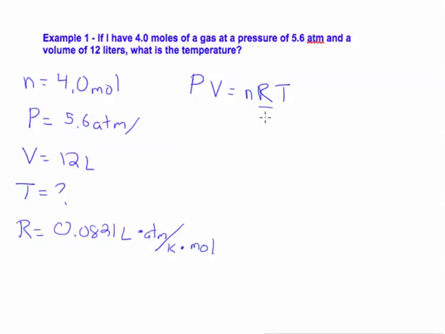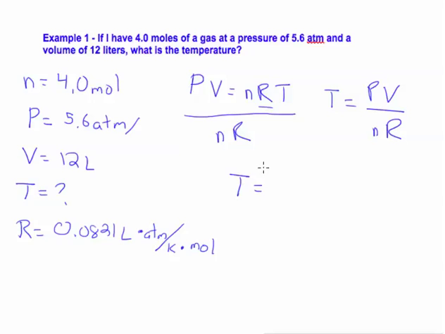So if we're solving for temperature, we divide both sides by n times R. So our temperature equals PV over nR.